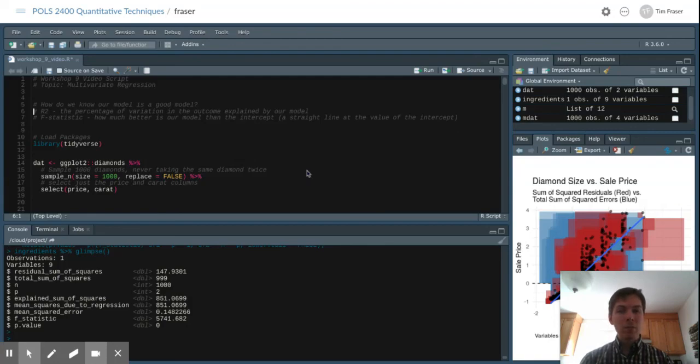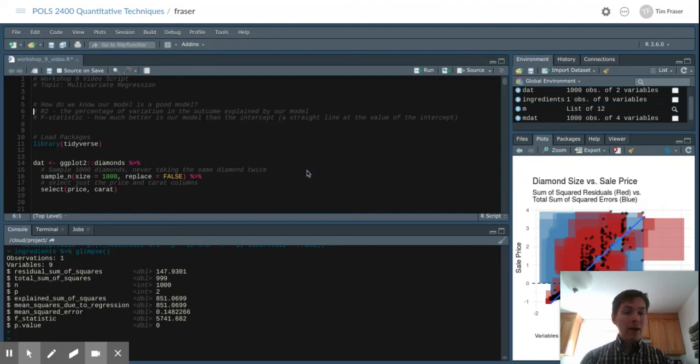And you can get a p-value for the F statistic. That's going to tell you how statistically significant our model is. It is possible to have a high R squared and a low F statistic, an insignificant F statistic, but it's not likely. They generally trend together, okay?